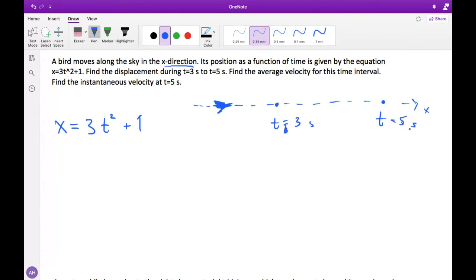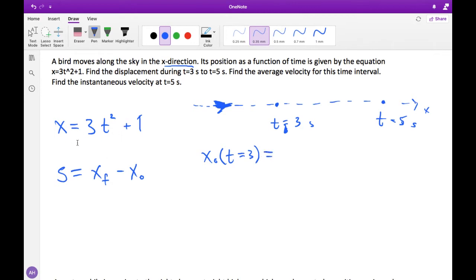So there's basically 2 points, a final position and an initial position. The displacement is going to be the final position minus the initial position, right? The initial position, x naught, is when the time is equal to 3.